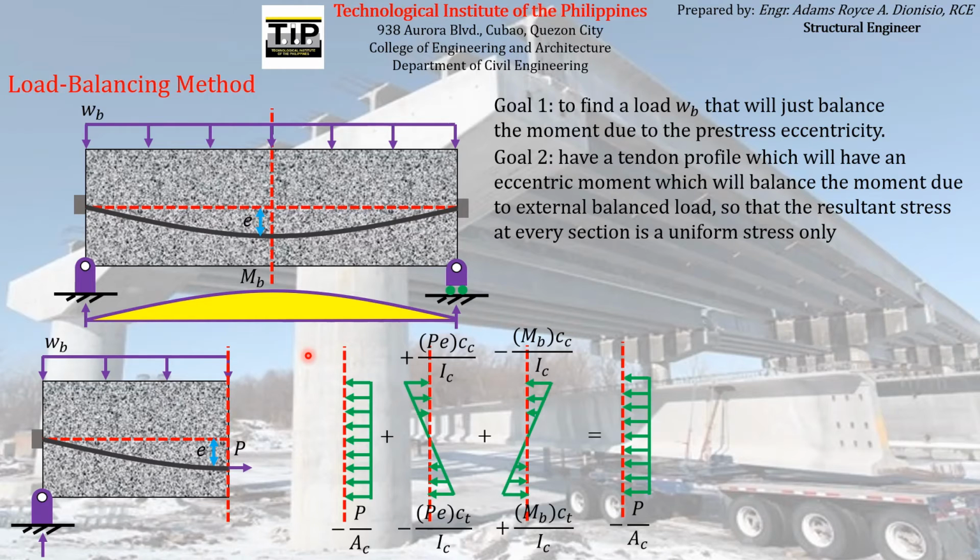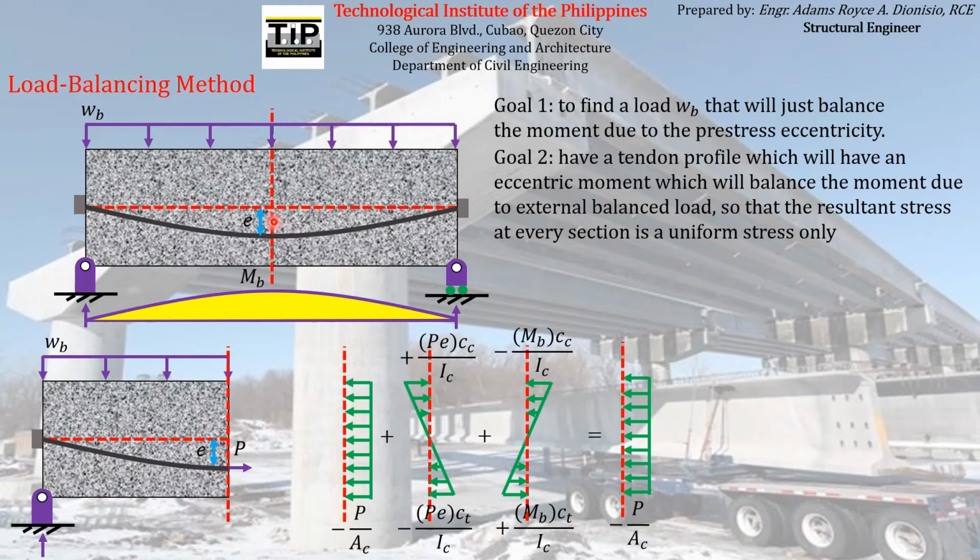So now, since we are already assured that all of these balance bending moments here will just be balanced or counteracted by the eccentric moment due to the eccentricity of the pre-stressing force acting at the pre-stressing reinforcement, we can now say that the balance bending moment, say for example at midspan, is now equal to the eccentric moment due to the eccentricity of the pre-stressing force acting at midspan.